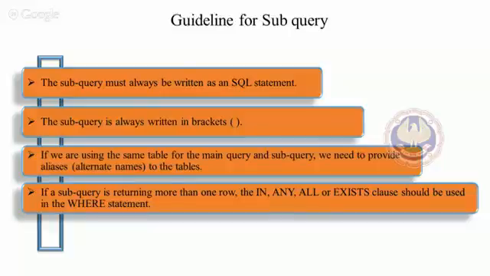If you are using the same table for the main query and the subquery, we need to provide aliases, that is, alternative names for the tables. If a subquery is returning more than one row, the IN, ANY, ALL or EXISTS clause should be used in the WHERE statement. Definitely, when more rows satisfy the condition, any of these clauses would have to be incorporated in your subquery.